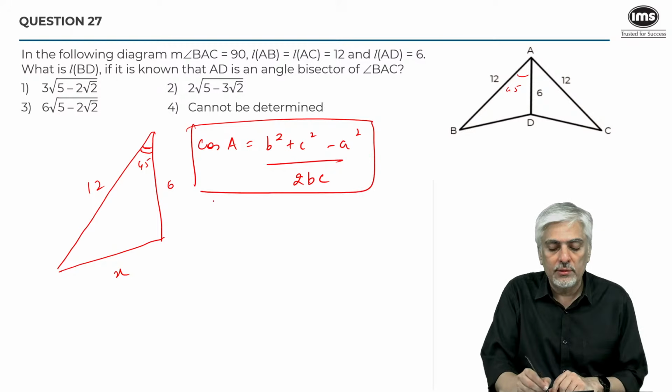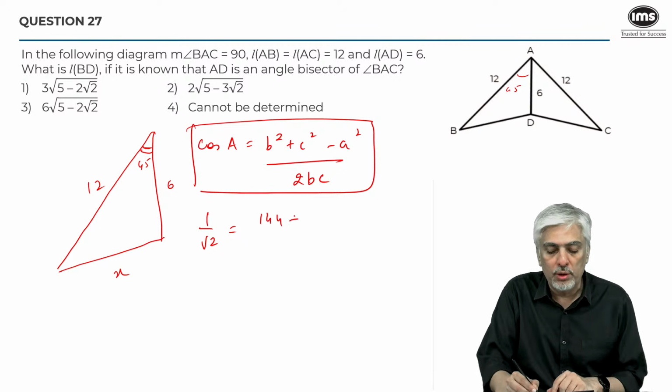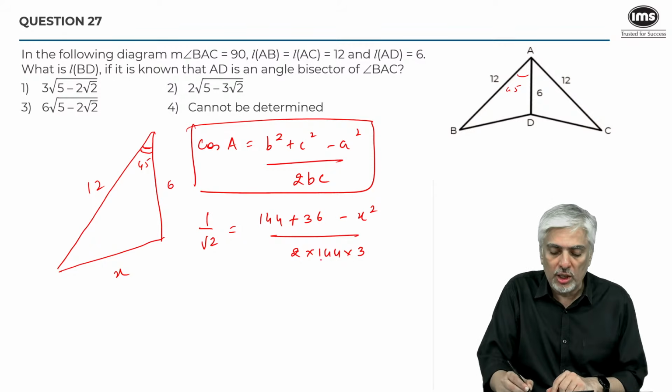This is the formula. So cos 45 is 1 upon root 2. The two sides which we know will be 12 and 6, which will be (144 plus 36 minus x square, which we don't know) upon 2 into 12 into 6. Right?